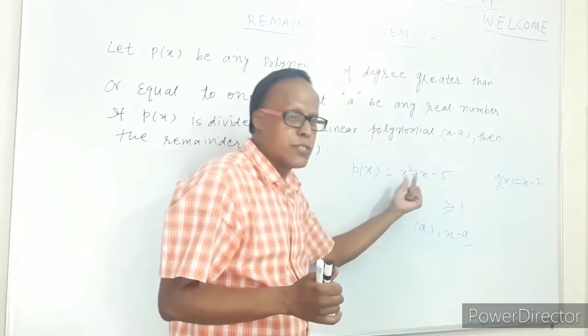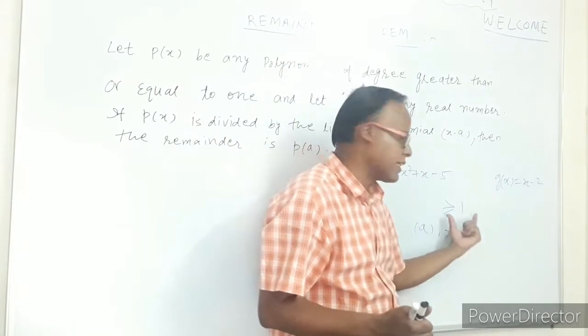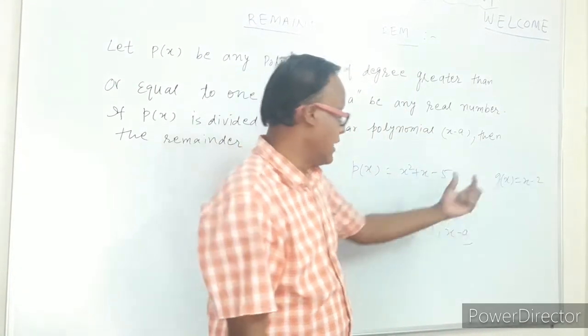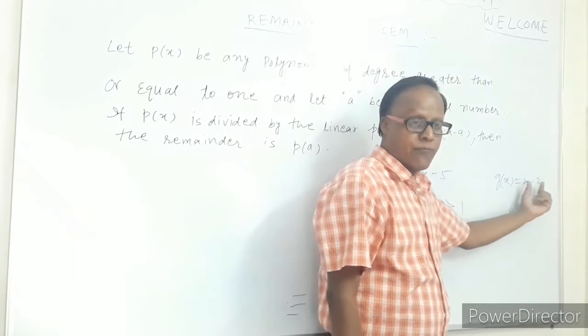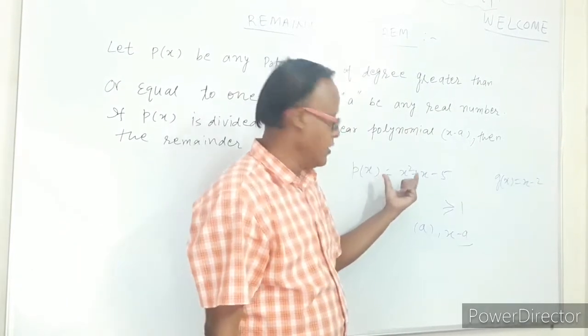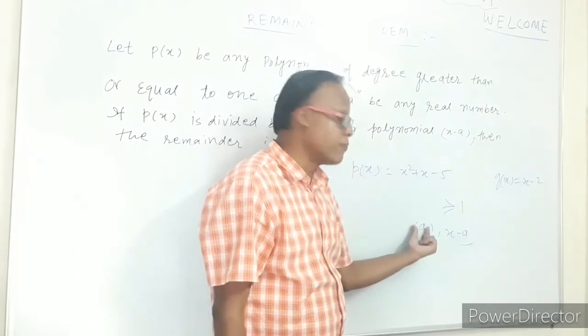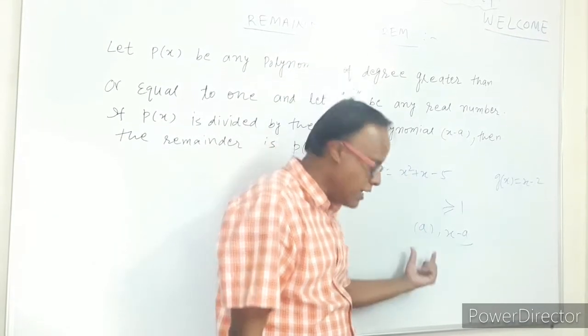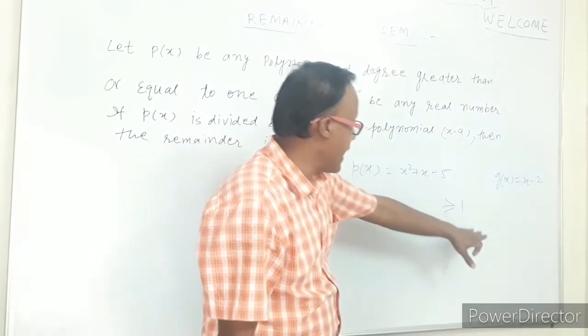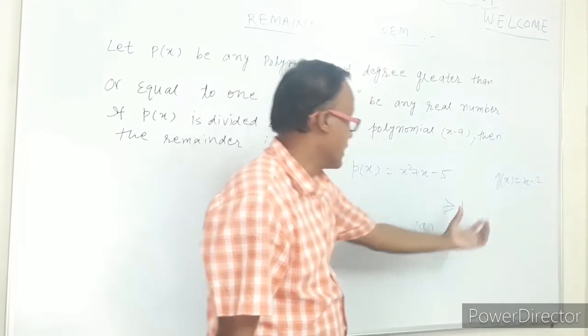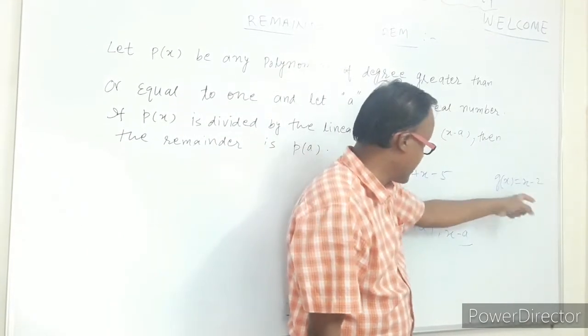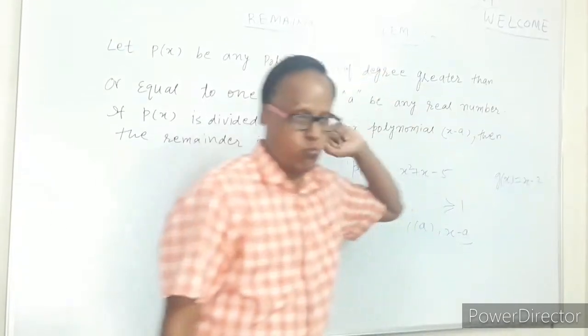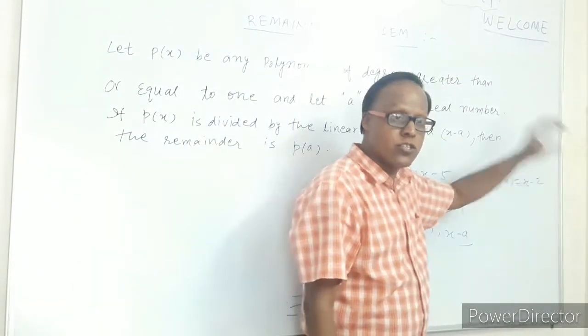The degree of this polynomial must be greater than or equal to 1, first condition, and this x minus 2 is a factor of this equation. So for that I assume a random number a. So a is any real number, then x minus a is another polynomial. In our case a is 2.